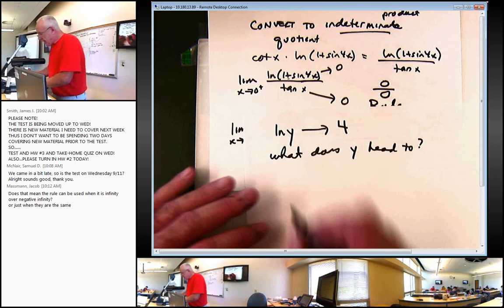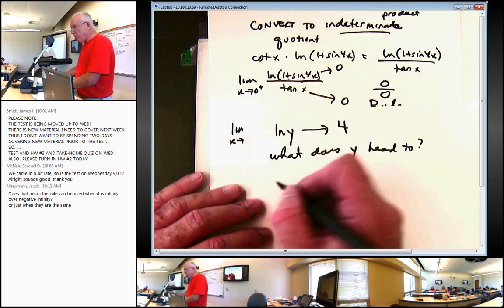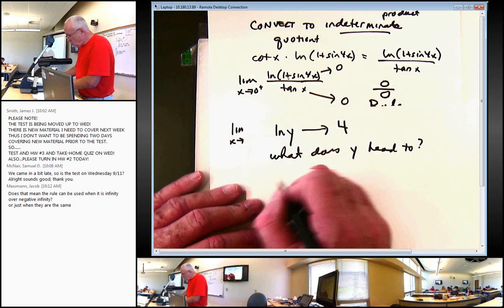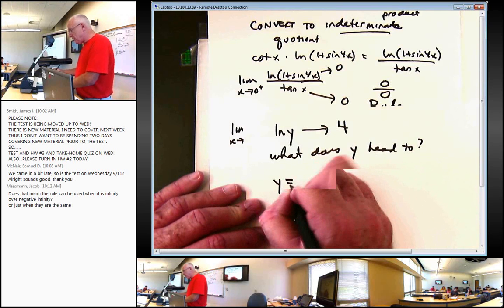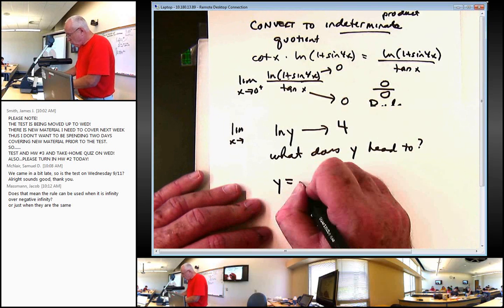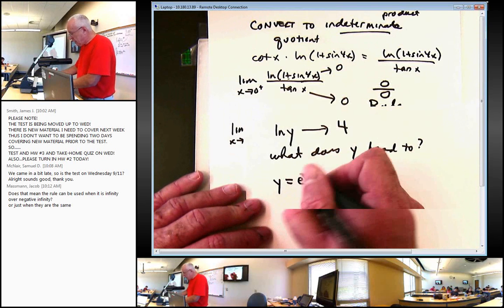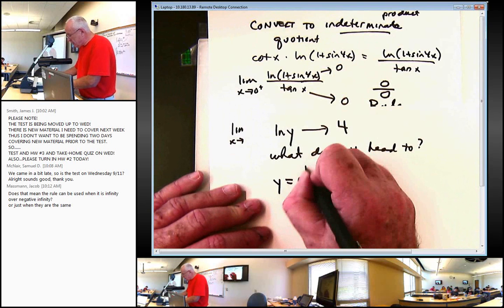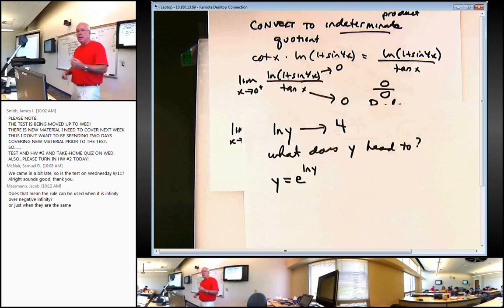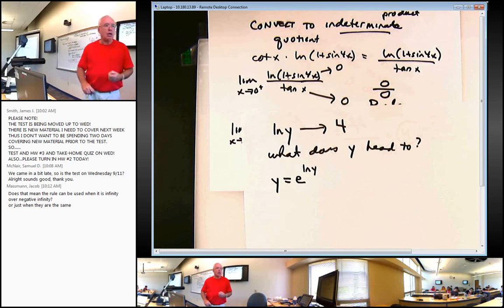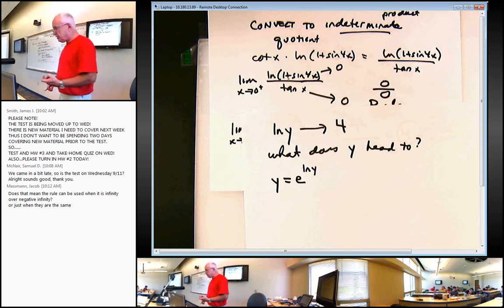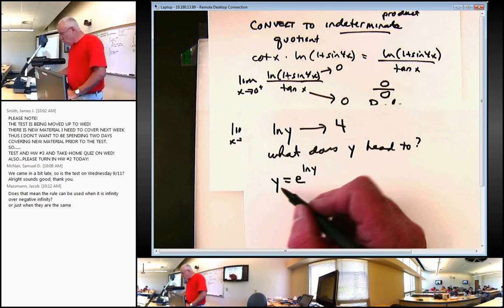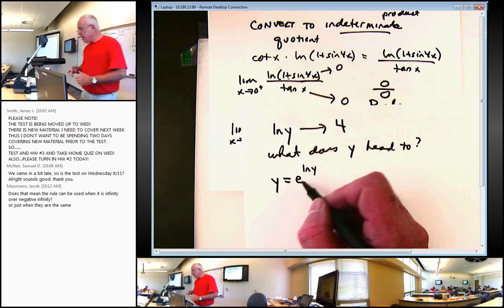Now remember this, that y can be written like this. Y is e to the ln of y power. Remember, the exponent and the natural log are inverses of each other. So I can write y as e to the ln of y power.